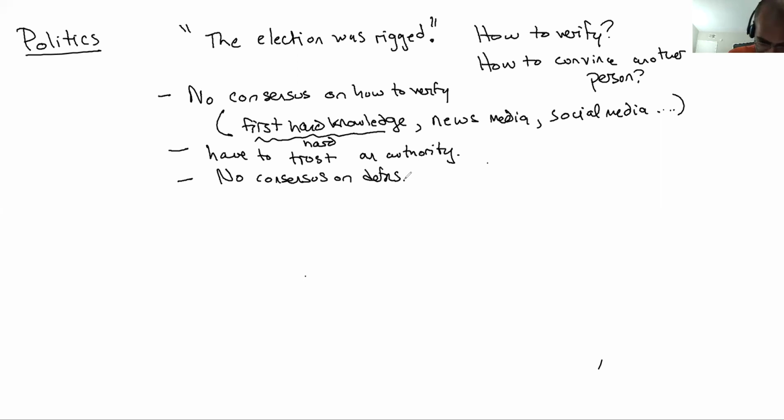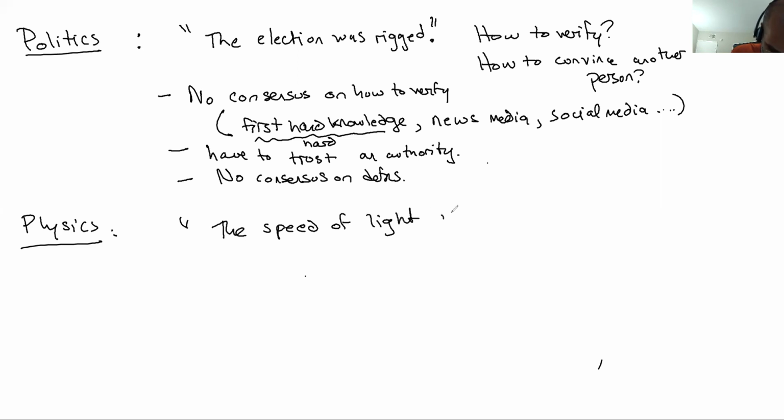That's obviously a very interesting area, but it's very hard to verify statements, and it's hard to convince other people. But then you can have a field like physics, where you have a statement like the speed of light is 300,000 meters per second, approximately.